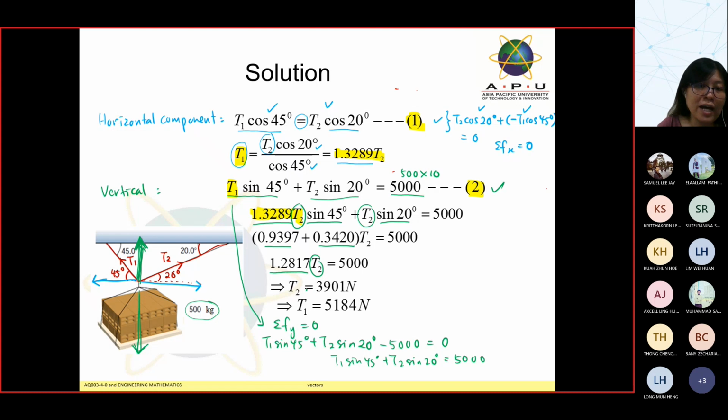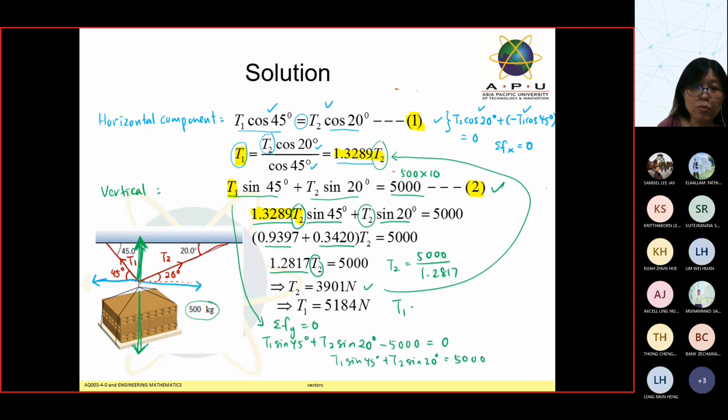So from here, I can find T2, which is 5,000 divided by 1.2817. So I get 3901. Once I get T2, 3901, then I can substitute into T1. Can you see this one? You can substitute here the values for T2.